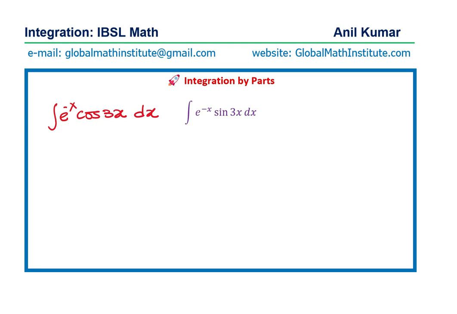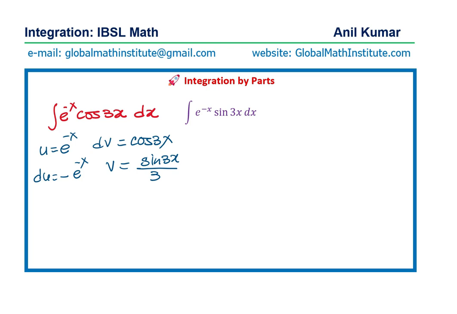So, once again, u will equal e to the power minus x and dv is cos 3x. So, we have du equals minus e to the power minus x, and v after integration will give us sine 3x over 3.